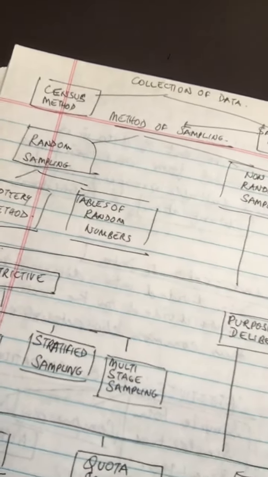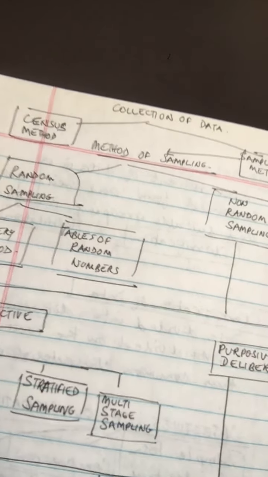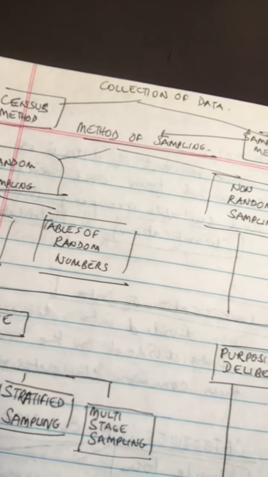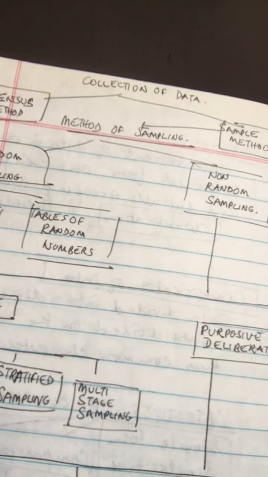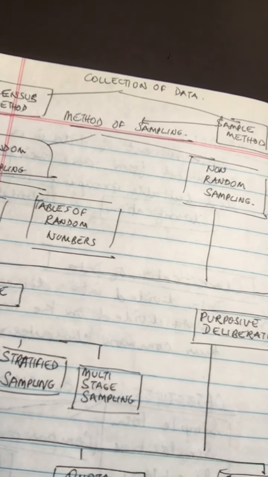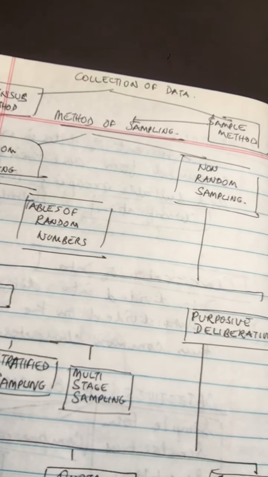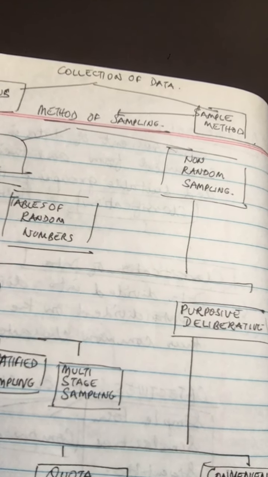In random sampling we had methods like the lottery method. Let me also show you, you can look at this. I think in the previous classes we've just done this. Random sampling, of course, is the lottery method or use of random number tables.